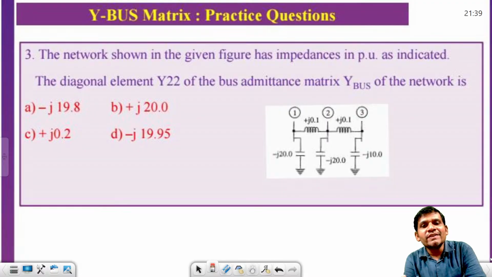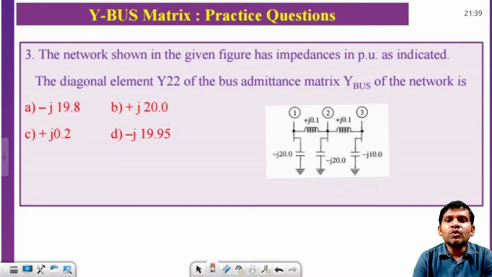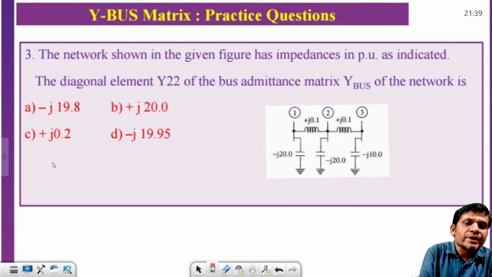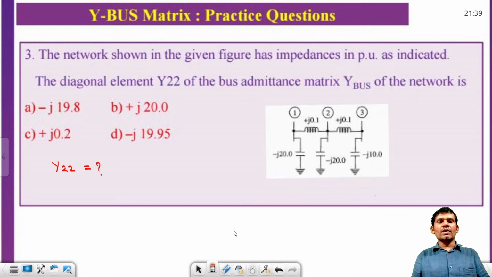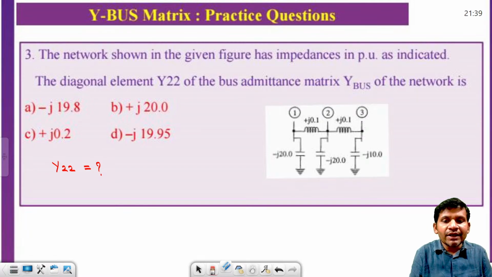The network shown in the given figure has impedances in per unit as indicated. Find the diagonal element Y22 of the bus admittance matrix of the network. You have to calculate Y22. Can you tell which elements are connected to bus 2?